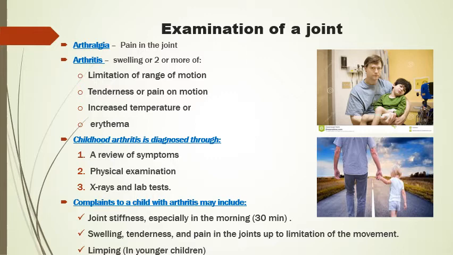The child cannot get up from the bed except after 30 minutes of joint stiffness, and to be considered positive, the duration of stiffness must exceed 30 minutes. Or complains of swelling of the joint, or tenderness, or pain in the joint up to limitation of the movement. Or the child may complain of limping, especially in young children.